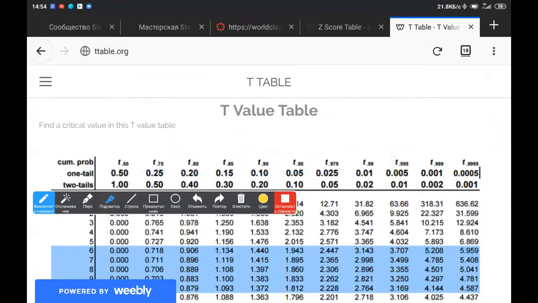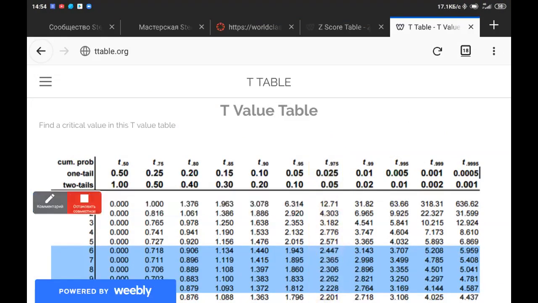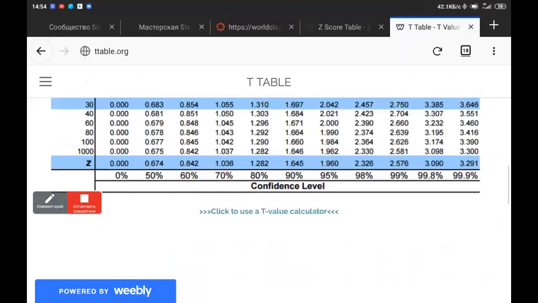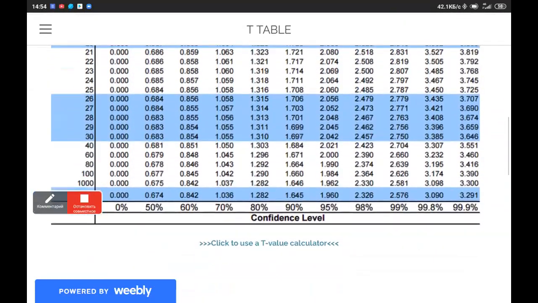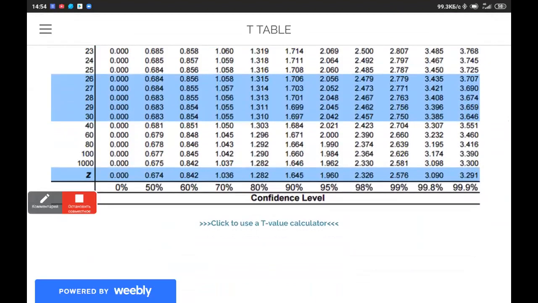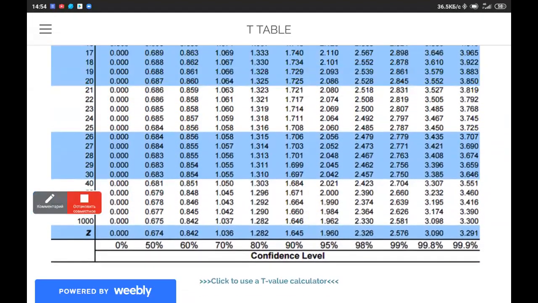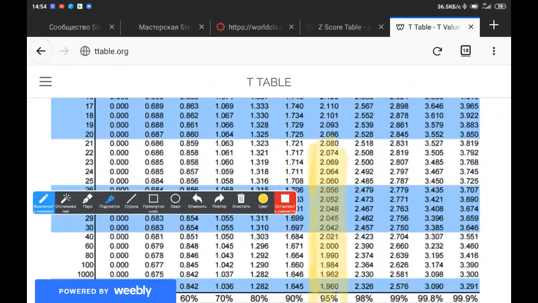So it's here. 2 tails, 5% is in this column. And now I go here, I find 40 and 60 again. It's these two.